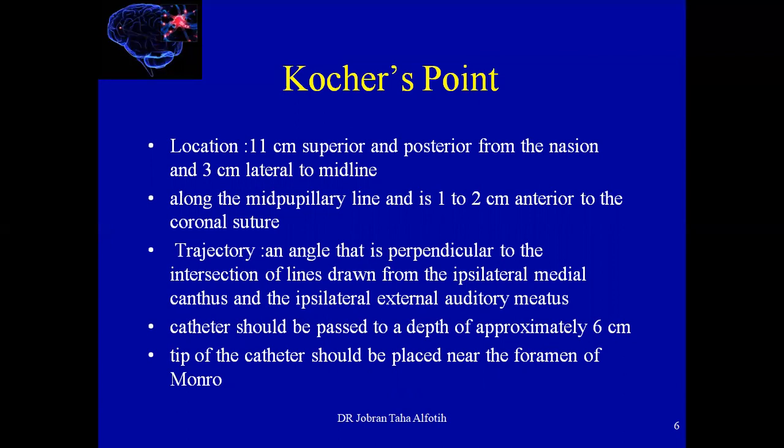Our trajectory is an angle that is perpendicular to the intersection of lines drawn from the ipsilateral medial canthus and ipsilateral external auditory meatus. The catheter should be passed approximately 6 centimeters, or until there is CSF coming out. The tip of the catheter, as we said before, should be placed near the foramen of Monro.